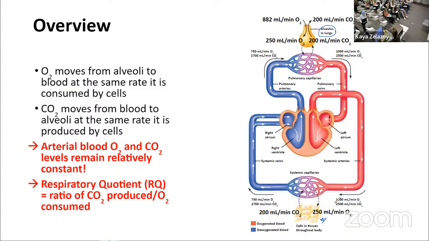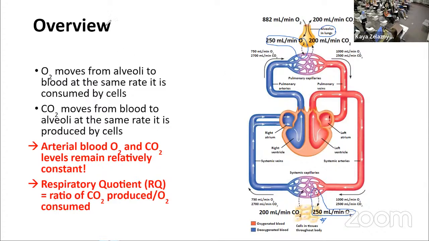So our big picture of gas exchange and gas transport is that we're going to be moving oxygen into the blood from the alveoli at the same rate as we're using it at the tissue. We're basically just trying to replace that oxygen that we're using.